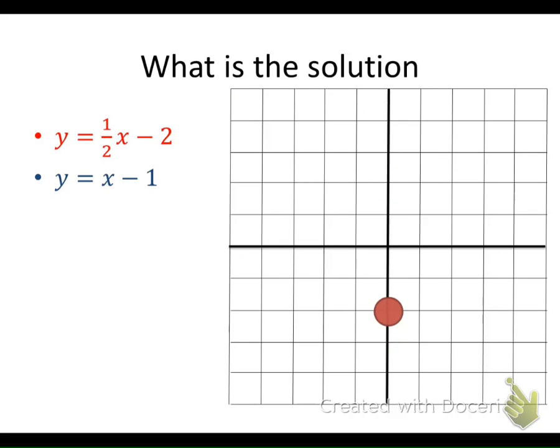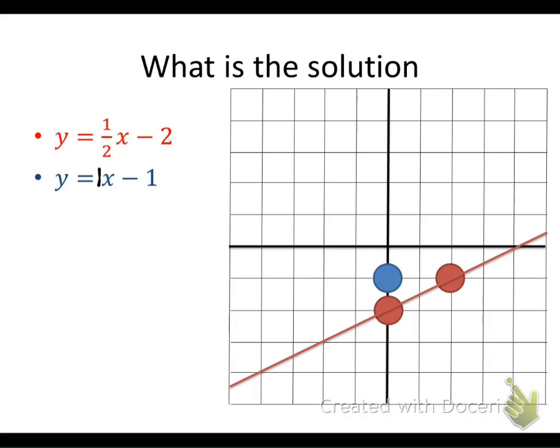Okay, red starts out at a -2, and then the slope is a 1/2, so we go up 1, forward 2, draw the line. Now, in this next one, we see the y-intercept fairly easily. It's a -1. The slope we don't see quite as easily. That's because it's the invisible coefficient. Basically, 1x. Okay, we didn't see it there. Why?